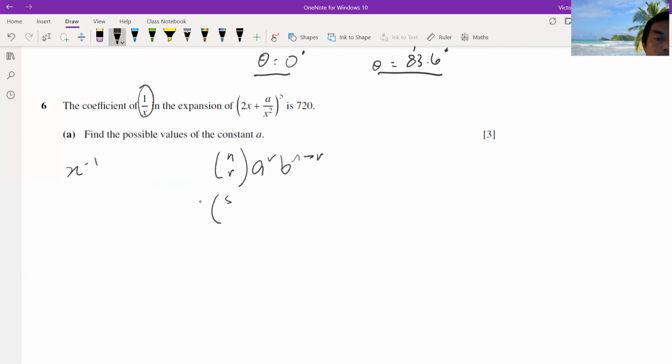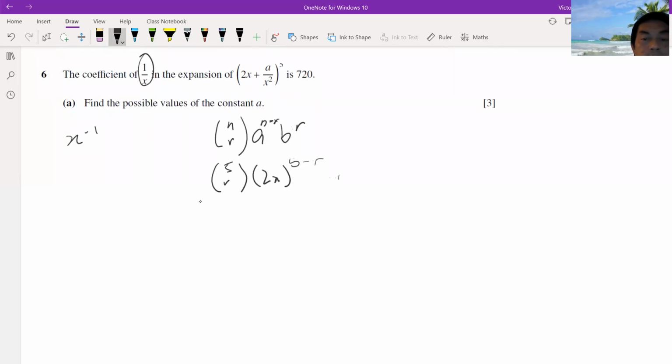So you have 5Cr, x power... Oops, got it the other way around. n minus r, this is r. So this is 5 minus r, x power -2.